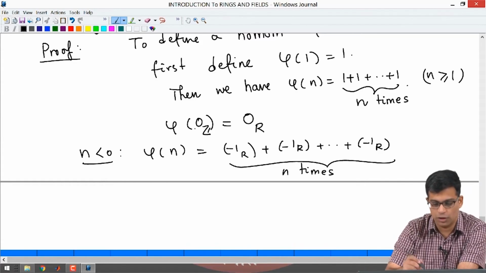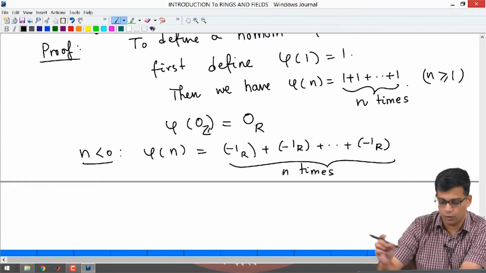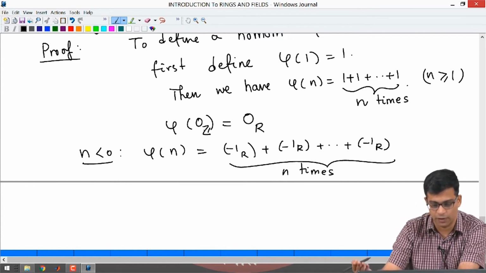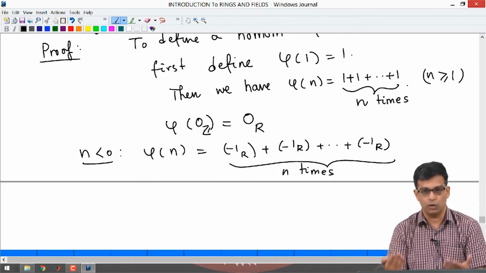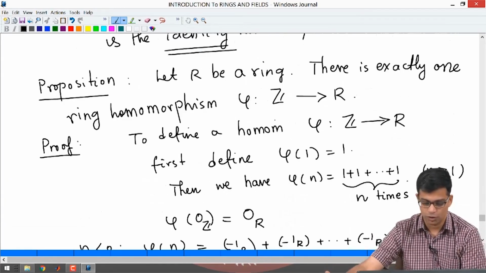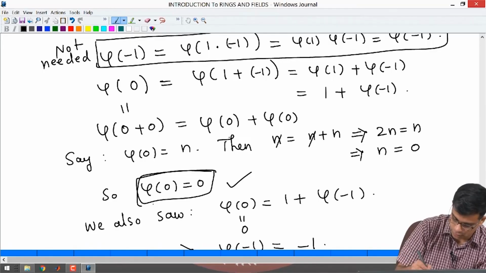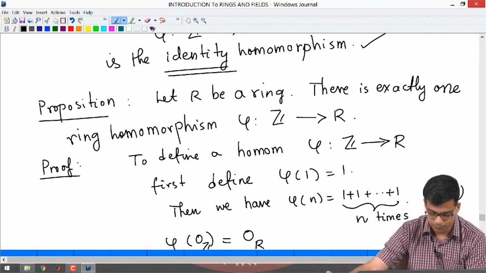It also forces 0, just like we have checked earlier, 0 must go to 0 because 0 plus 0 must go to 0. phi of 0 plus 0 is same as phi of 0, that means phi of 0 plus phi of 0 is phi of 0, but in a group that implies that phi of that element is the 0 element. So, the proof for this is exactly here. What I have described here in this box, that proof carries over.